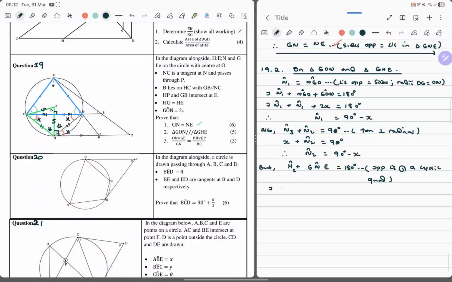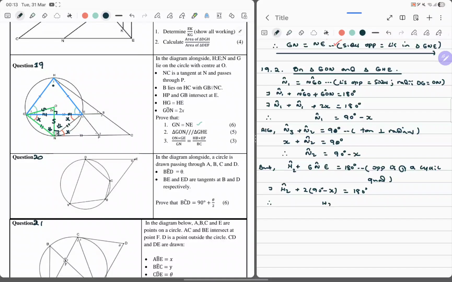So this implies that H2 plus 2 times 90 degrees minus x is equal to 180 degrees. Essentially, guys, I'm moving fast because we saw that GNE is going to be N1 as well as N2. So that's why I'm just doubling it. Sometimes you need to be quick and fast.